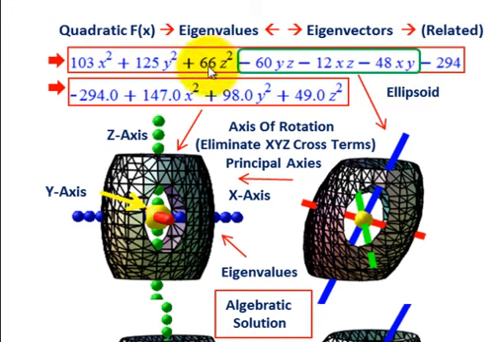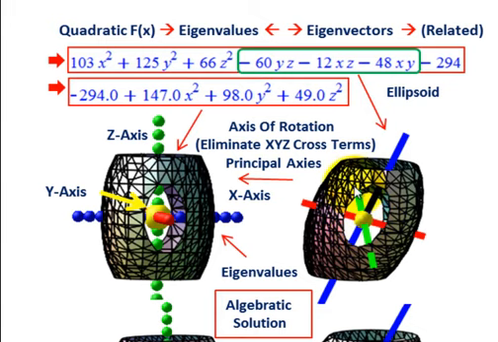By taking our eigenvalues and eigenvectors, we'll take this function and eliminate the cross terms, and we come up with some new coefficients for our x, y, and z squareds. Looking at the ellipsoid, what we start out with is this ellipsoid, and I've got a hole cut in the middle showing our axes, x, y, and z.